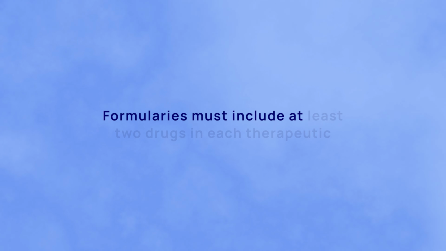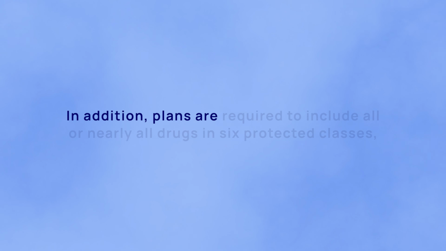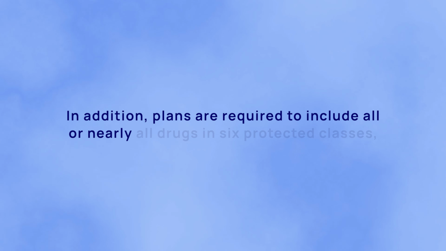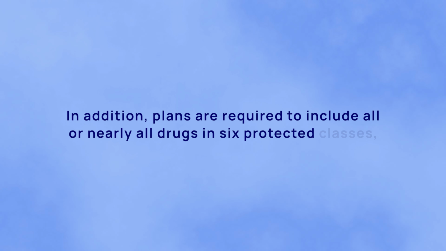Formularies must include at least 2 drugs in each therapeutic category and cover both generic and brand name options. In addition, plans are required to include all or nearly all drugs in 6 protected classes, which treat life-changing or life-sustaining conditions.